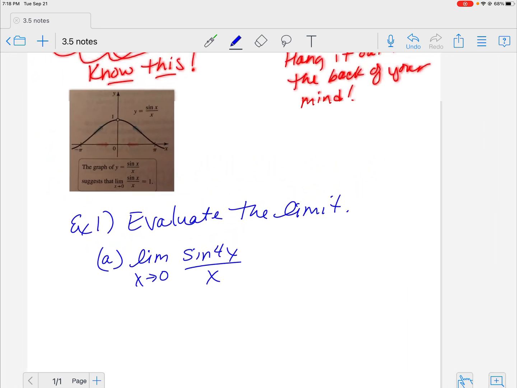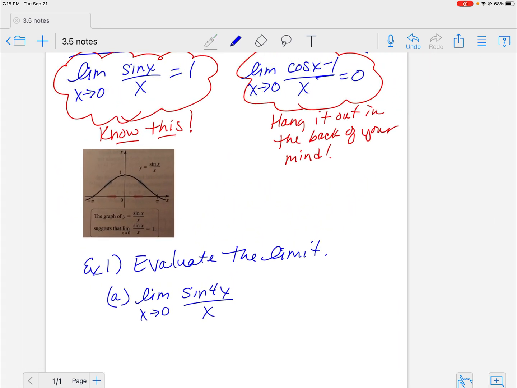The inside function of sine has to be exactly the same. Because this problem has a 4x, I need to figure out a way to get a 4x in the denominator. And remember, as long as you multiply the top and the bottom by the same thing, it's like multiplying by 1, so you're good.